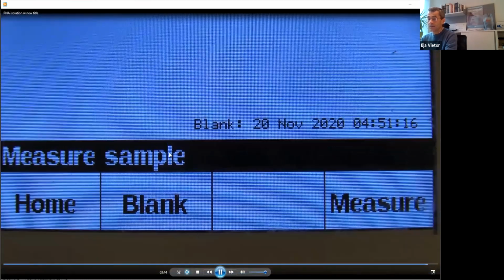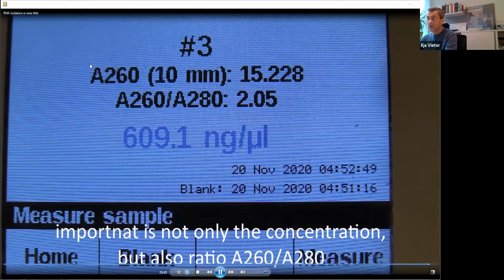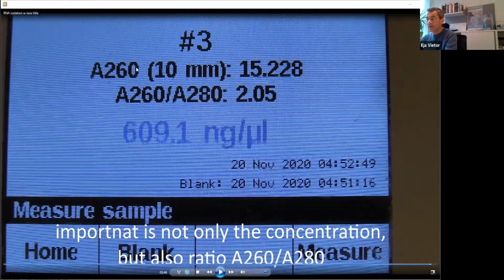Then the measurement is performed, and here is the result. One important parameter is the ratio of absorbance at 260 nanometers divided by 280 nanometers. For RNA, it is important to have a value around or above 2, then the quality is good. The second number here is the concentration of RNA in your sample.